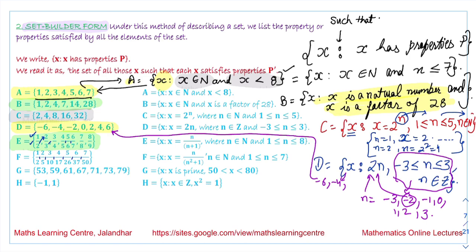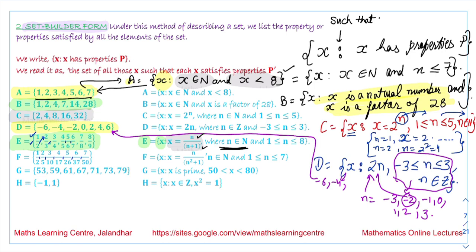So how we are going to write this collection is, the set E is equal to x such that, x is equal to n over n plus 1. It is clear from here that the numerator is 1 less than the denominator. What is n? n is a natural number. It is 1, 2, 3, 4, 5, 6, 7, 8, 9.